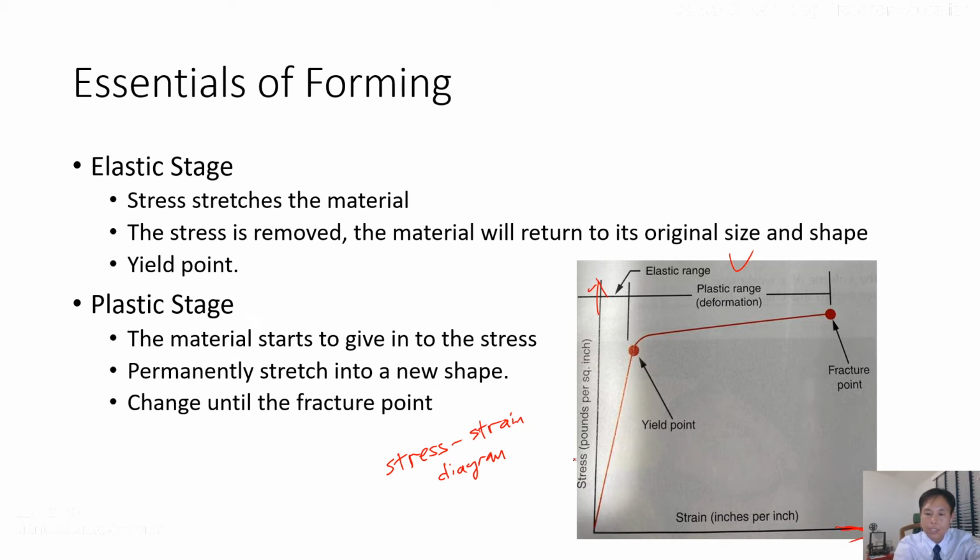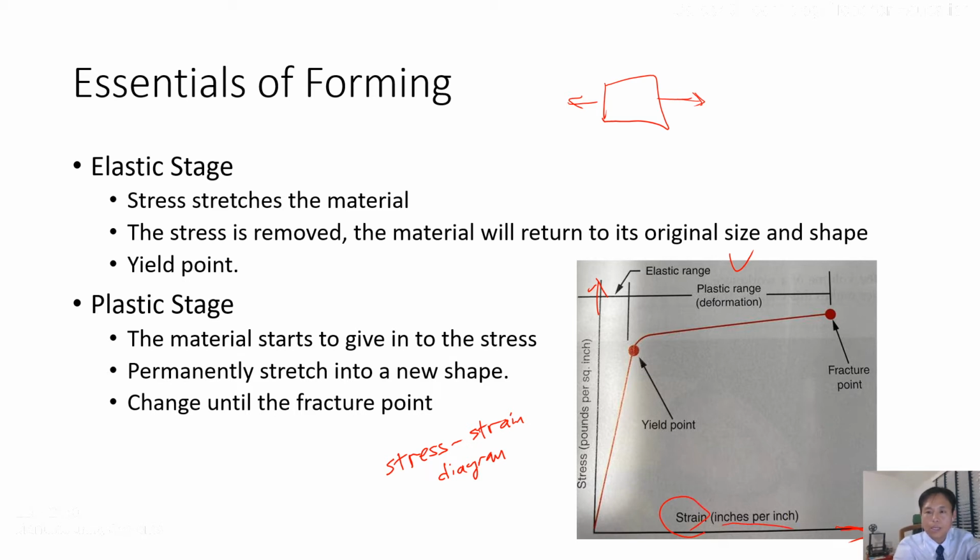Stress means pounds per square inch. If we have an object and we stretch it, that means we are applying stress to the object, right? That's the stress. And strain is inch per inch.